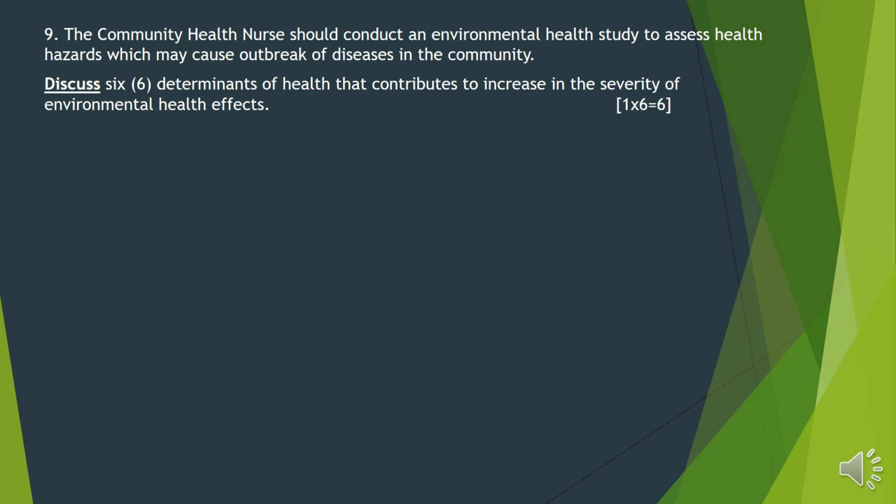An example is biological determinants. That's when we're talking about age, we're talking about gender. So we look at all these health issues that are caused by age, or that are caused by whether you're female or male. So that's an example for biological determinants.